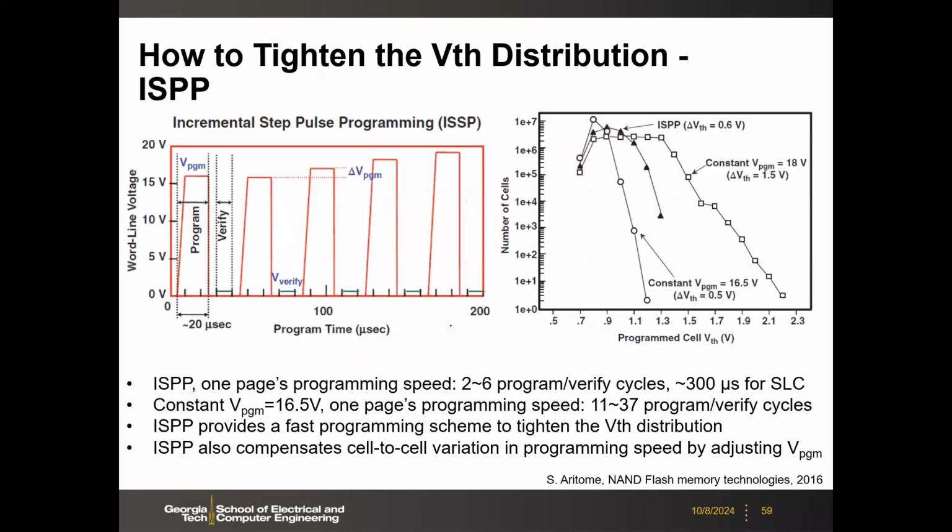That's why ISPP is widely used in practice. ISPP is incremental step pulse programming. So the idea is that after each programming pulse, you have to verify. You have to read to check if your threshold voltage reaches the target or not, because you know the target.